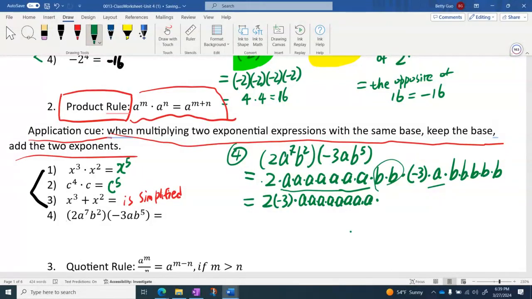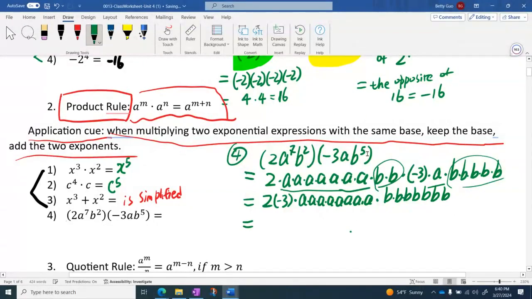And then we're going to put these 2 b's with the other 5 b's. So 2 here, 5 there. So we have 7 b's: 1, 2, 3, 4, 5, 6, 7. And then I'm going to continue simplifying the expression.